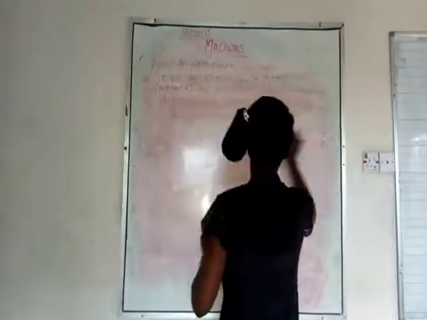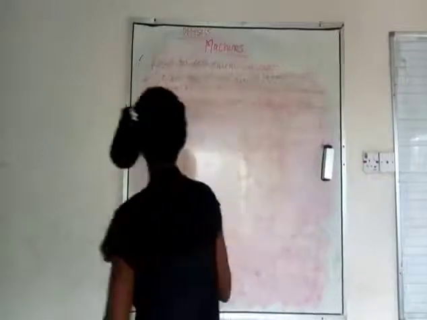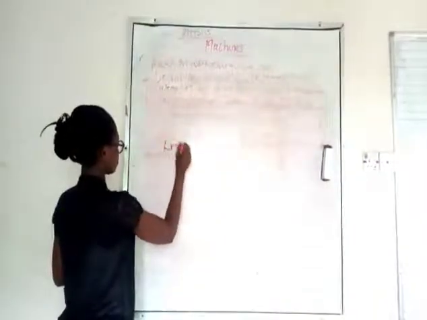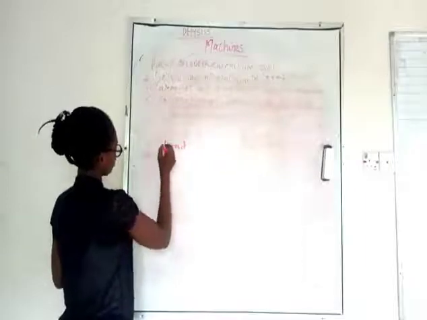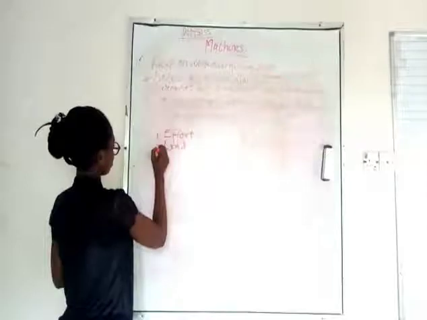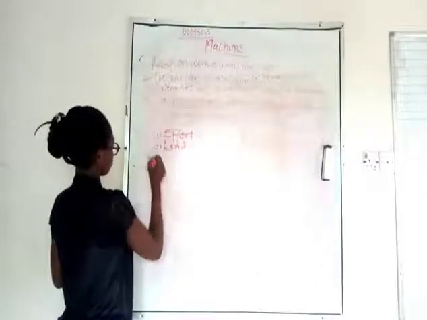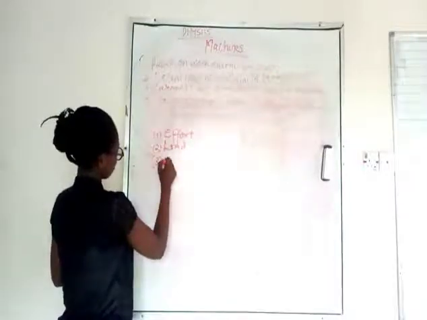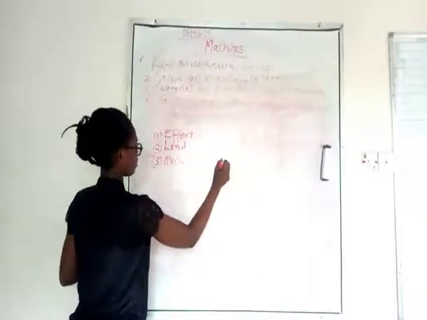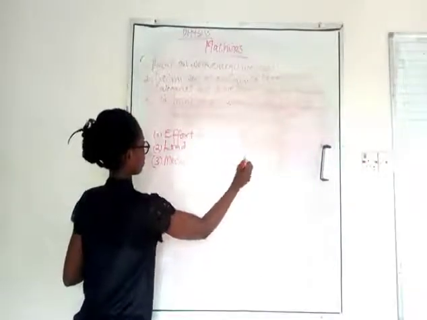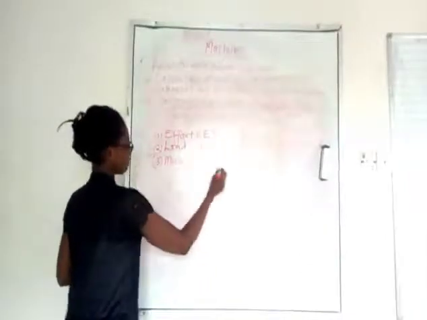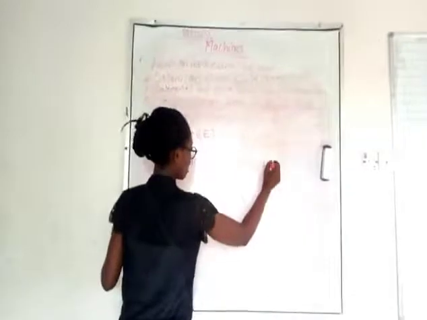Let's write them out. Terminologies associated with machine. I want you to take note of this: the effort, the load, the mechanical advantage. We use E for the effort, L for the load, and MA for the mechanical advantage.